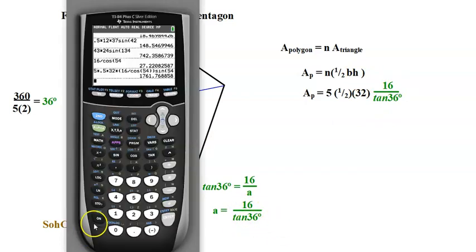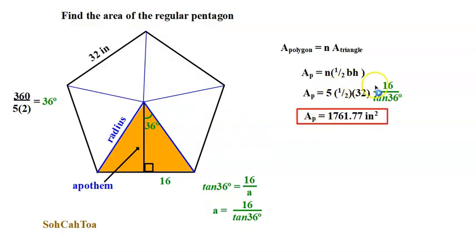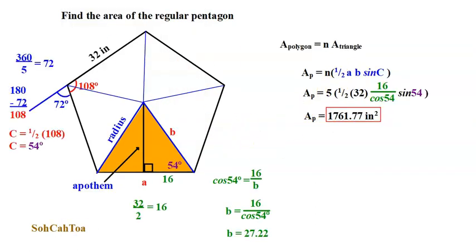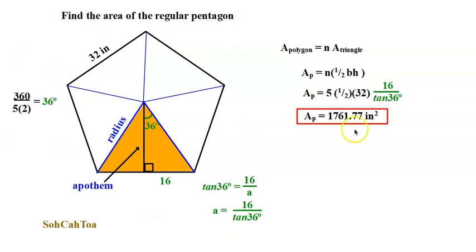That's what I'm going to type into my calculator: 5 times 1/2 times 32 times, in parentheses, 16 divided by tangent of 36. And I get the same thing we got above. So you can do it this way or that way, and your answer is the same either way.